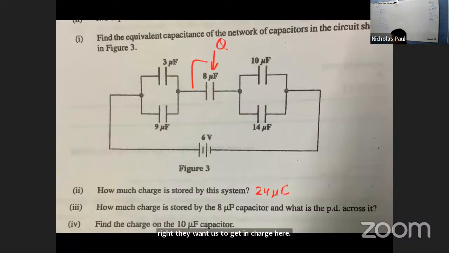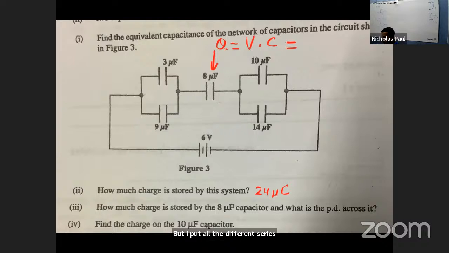So we know that charge is equal to voltage by what? What's the voltage across 8? How do we know that? But I thought voltage in series is split up.